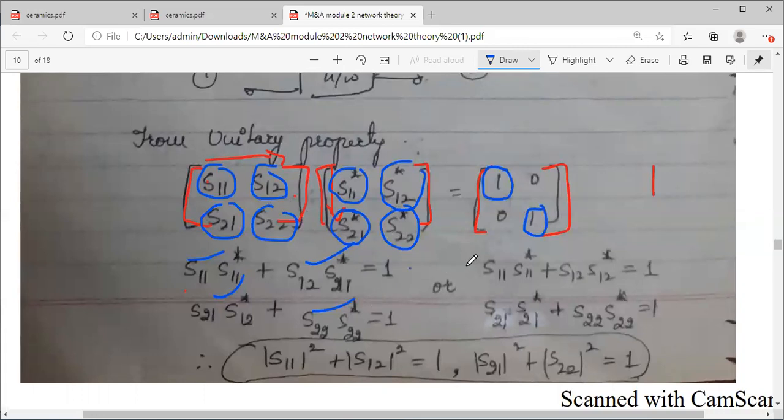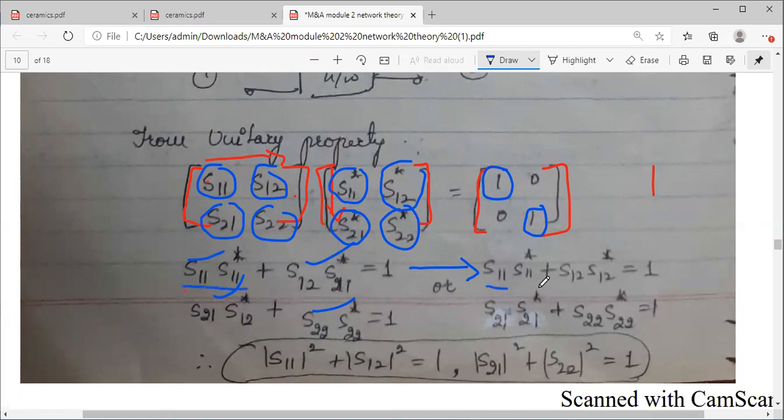I can simply solve this further, because whenever we consider a lossless network, and we know already that the Z and Y parameters and the S matrix are all symmetric in nature. We have already seen this.